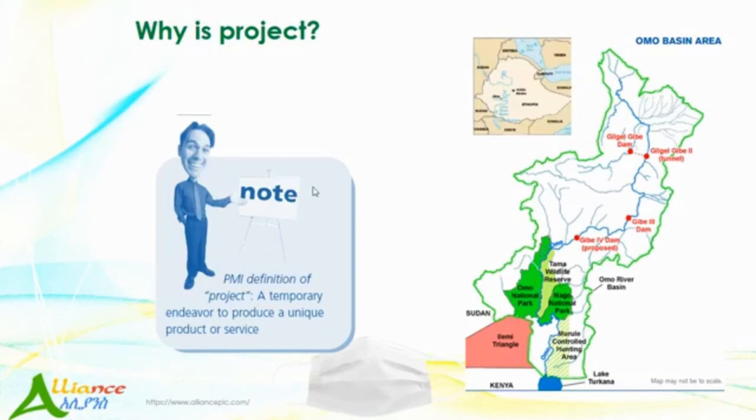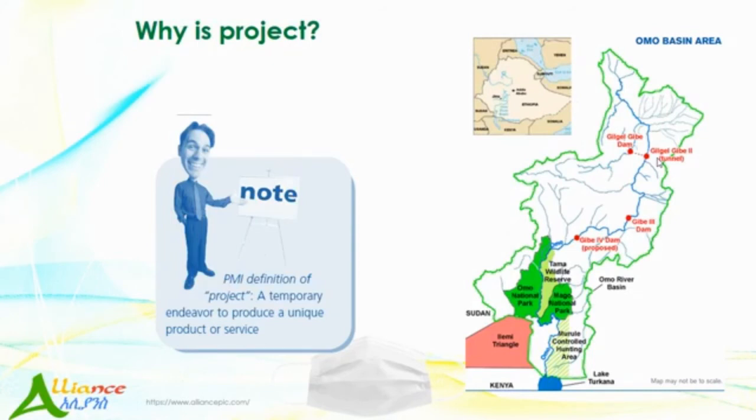You may have no experience when you join Gilgel Gibe 1, but when you join Gilgel Gibe 2, you will have experience from Gilgel Gibe 1. So your capacity to deliver on project 2 is better than project 1.